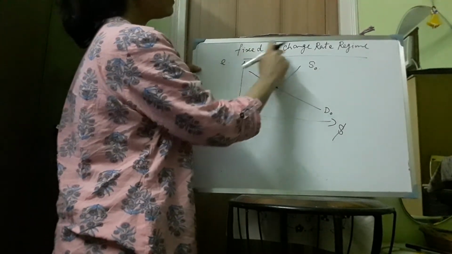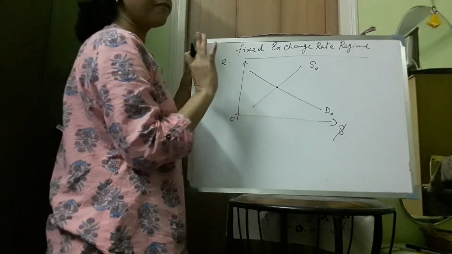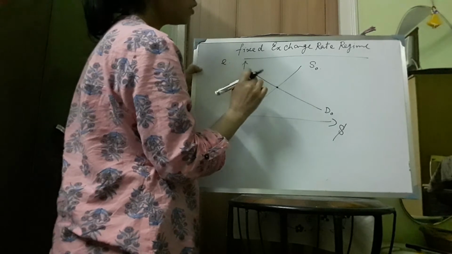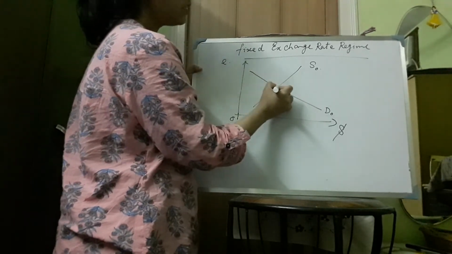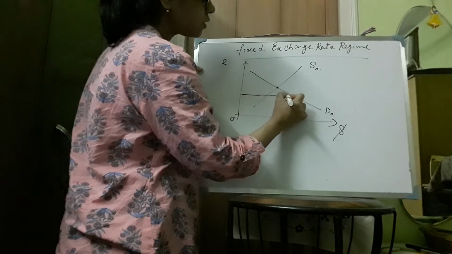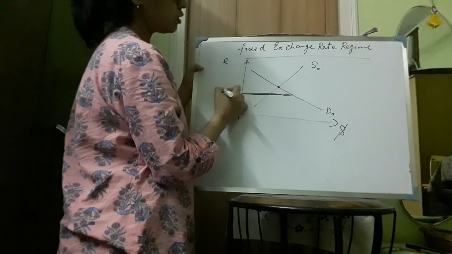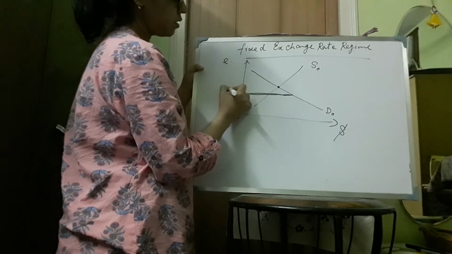Now since we are considering the fixed exchange rate regime, the exchange rate is not determined by the market forces. So it is not necessary that the exchange rate is here. Suppose the exchange rate is fixed at this level, E naught.